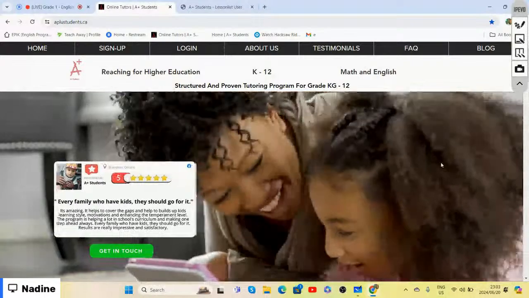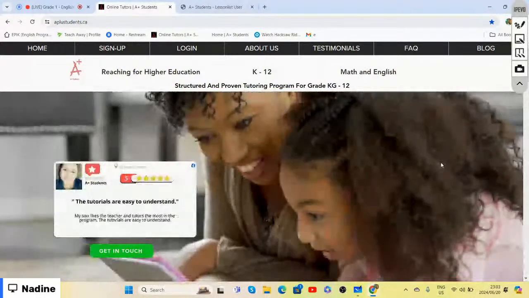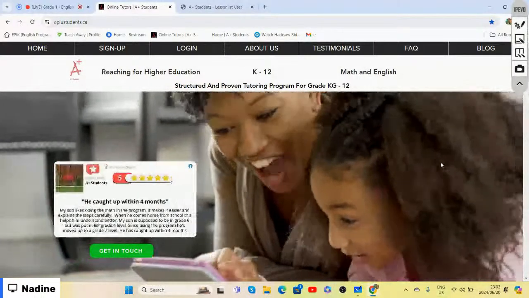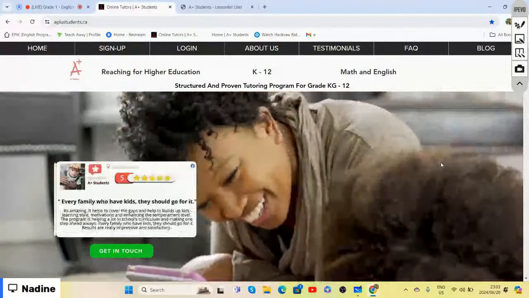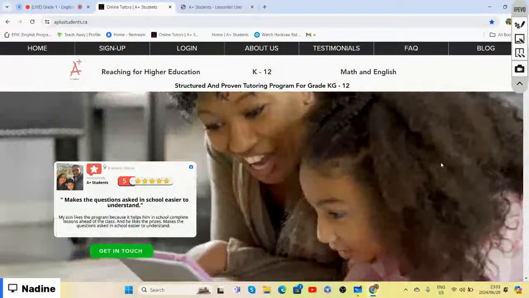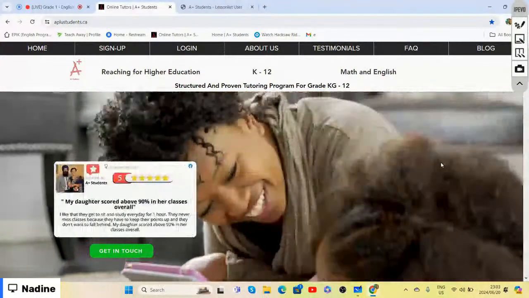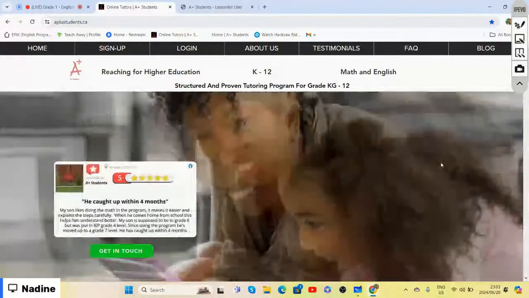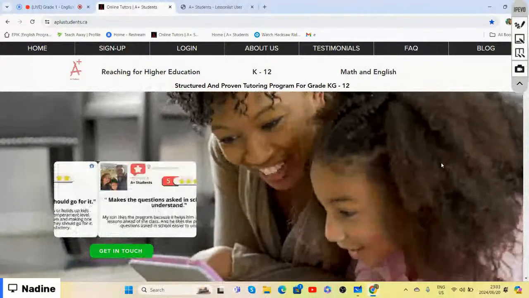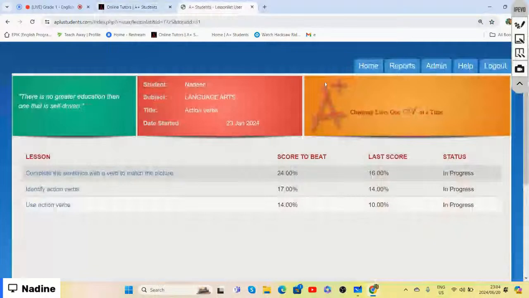Once you've logged on to aplusstudents.ca with our username as well as our password, we're going to select the subject of English Language Arts, grade 1. Then we're going to scroll down until we get to our chapter of action verbs.